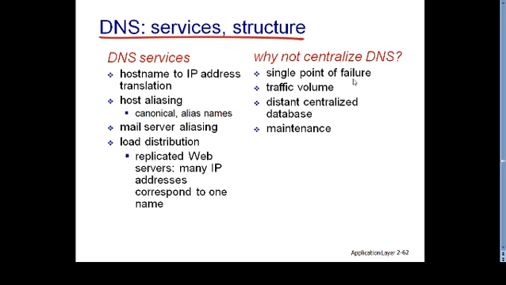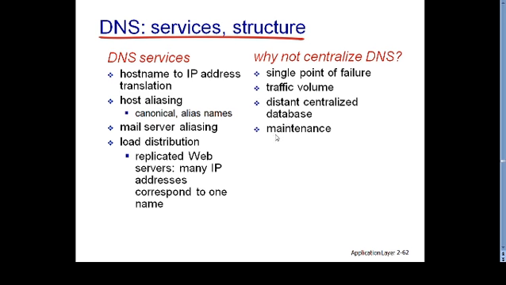Then the second problem which might occur is traffic volume, and the third is the distant centralized database, which means for some clients that centralized server would be closer, and for other clients the server might be at a very distant position, where you will feel a delay in the response.